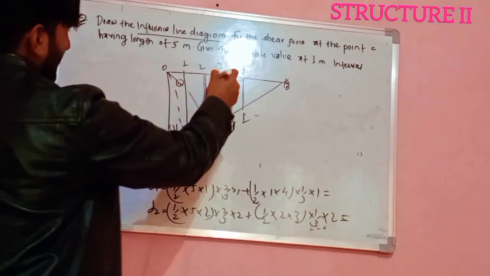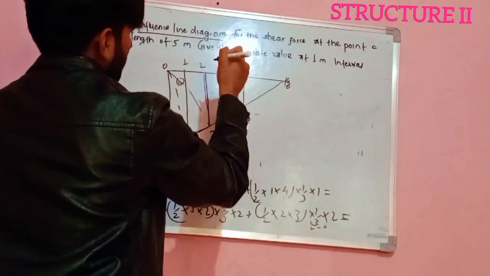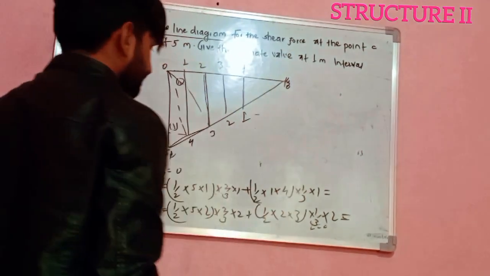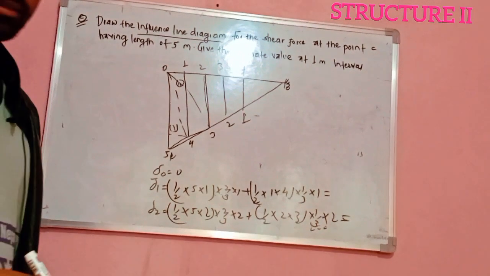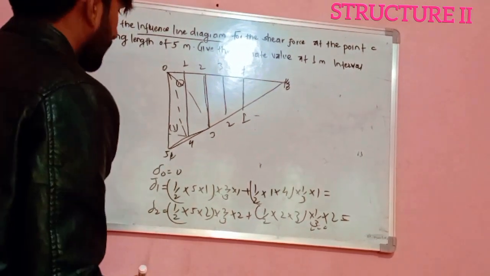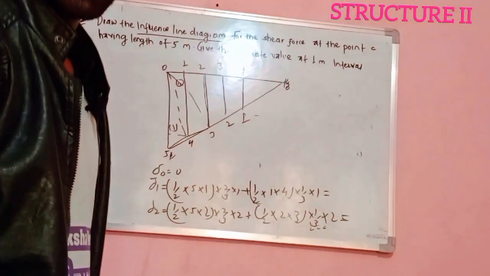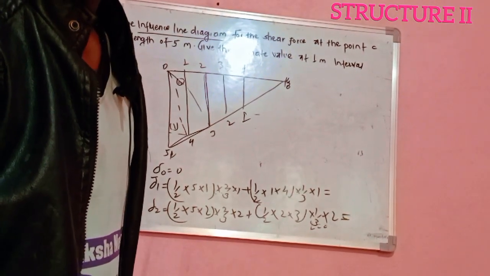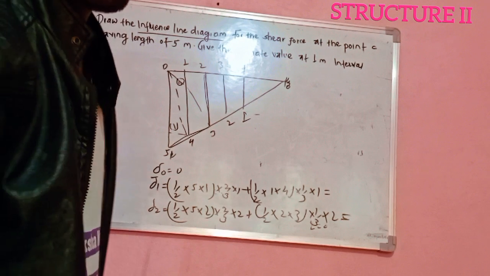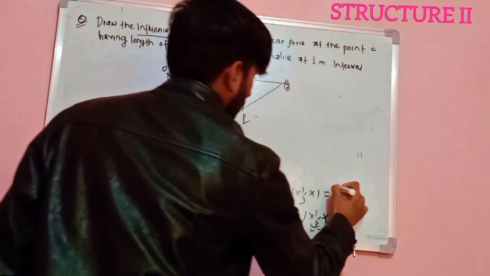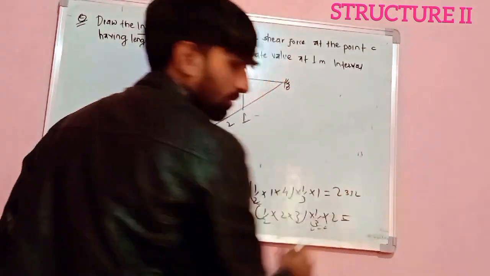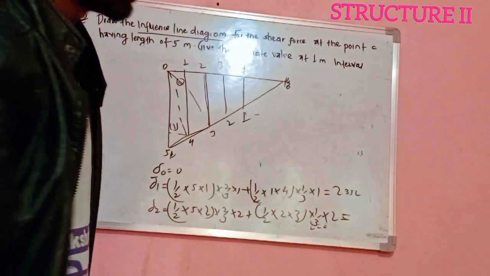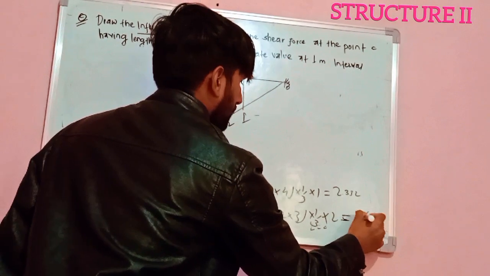In this way, you calculate the deflection at point C, deflection at point 4, and deflection at point D. I have already calculated, so I'll just write the values. D1 you will get as 2.332. Similarly, for D2 you get 8.66.